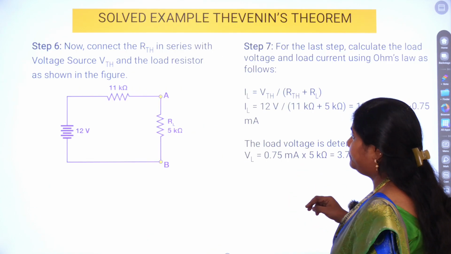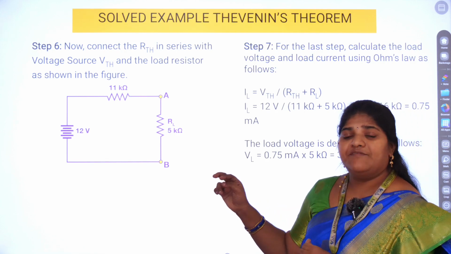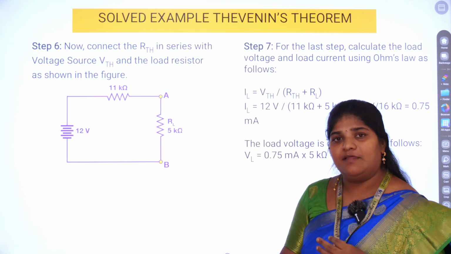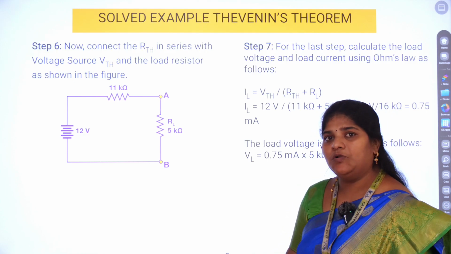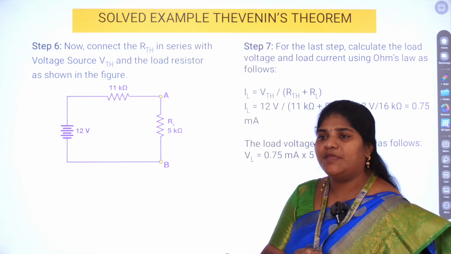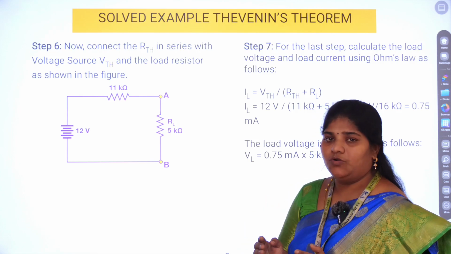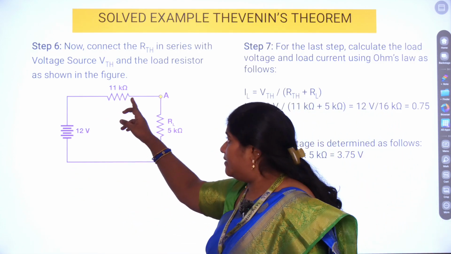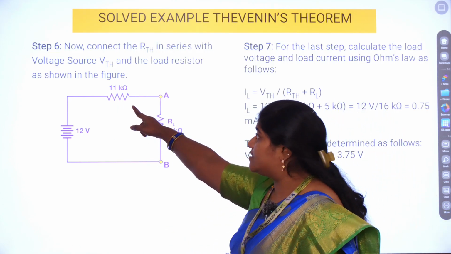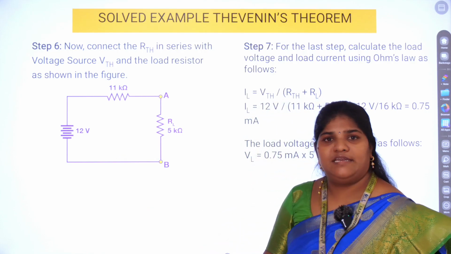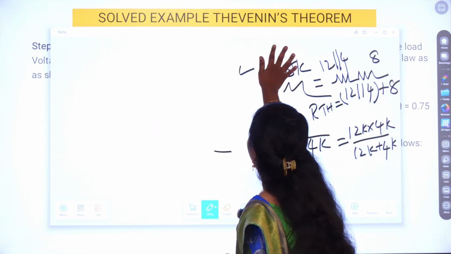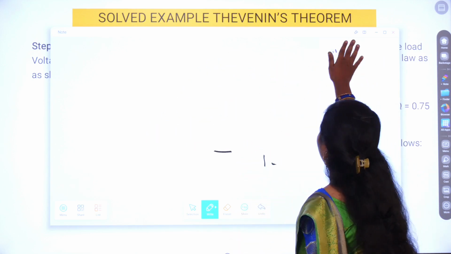Next comes our Thevenin's equivalent circuit. To draw a Thevenin's equivalent circuit, you might remember from slide number 1, in the definition for Thevenin's equivalent circuit, any linear circuit can be simplified as a circuit with a single voltage source and RTH, that is multiple resistances are reduced to a single resistance value, which we call RTH.